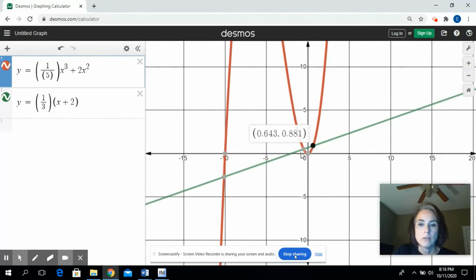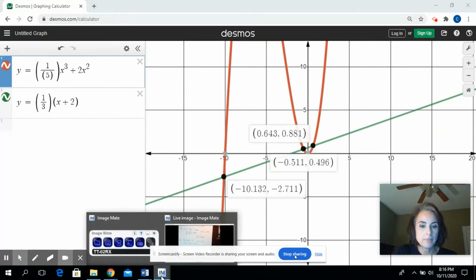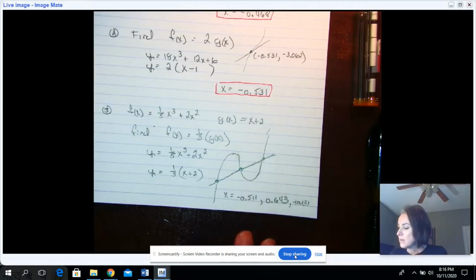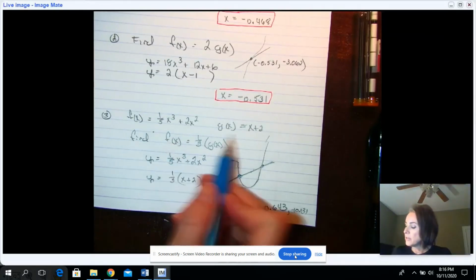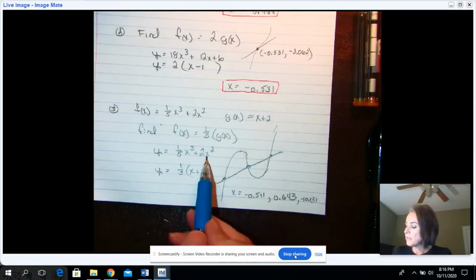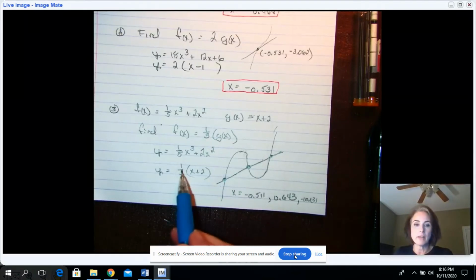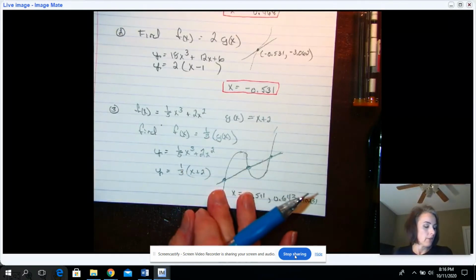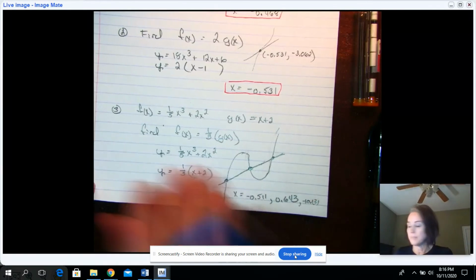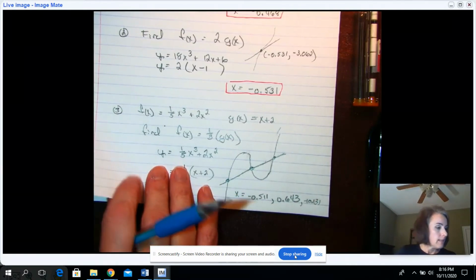So there's your 3 intersections, and you want, again, the x values. So there's that. All right. So again, just take them and put y equals the function, and then if it's like 1/3 or half or whatever, you're going to put that in front of the function in parentheses. So there's that.